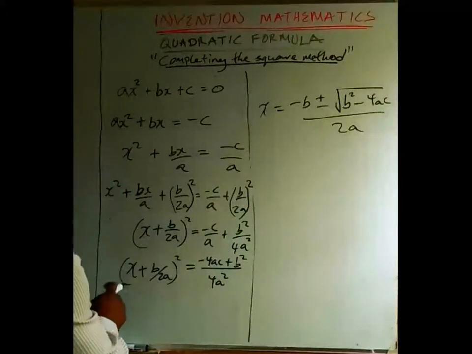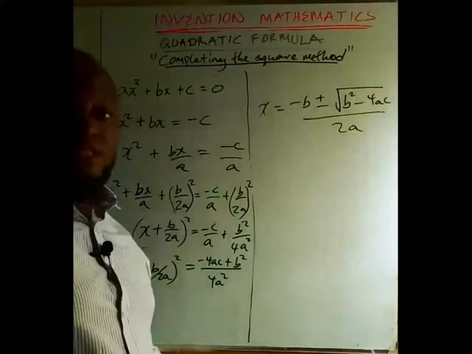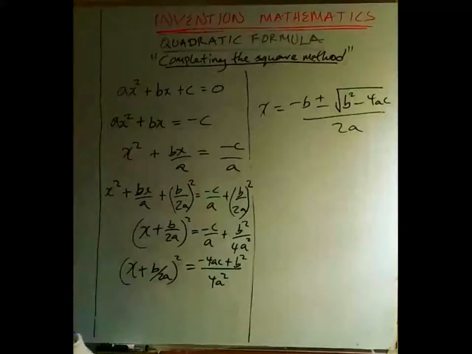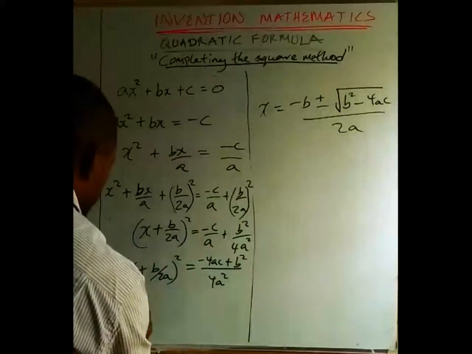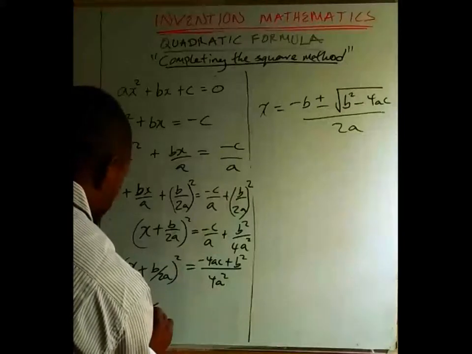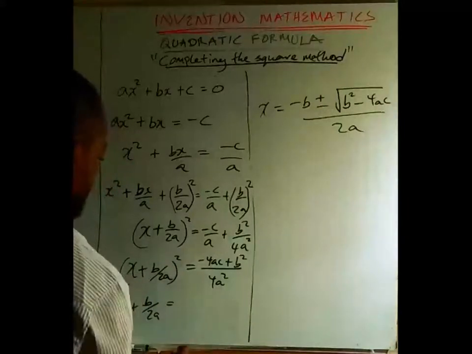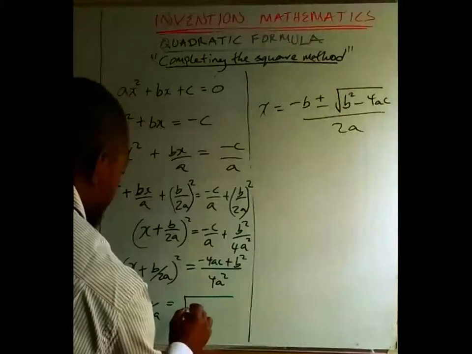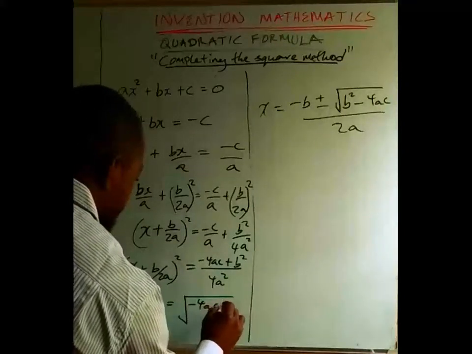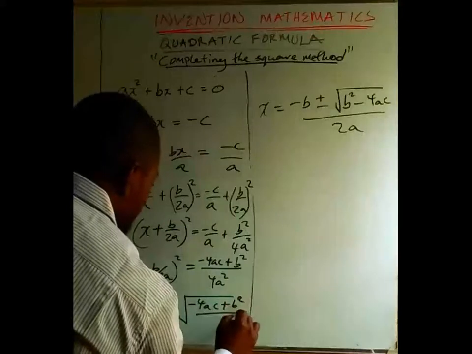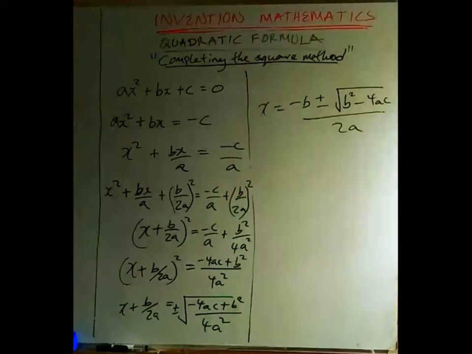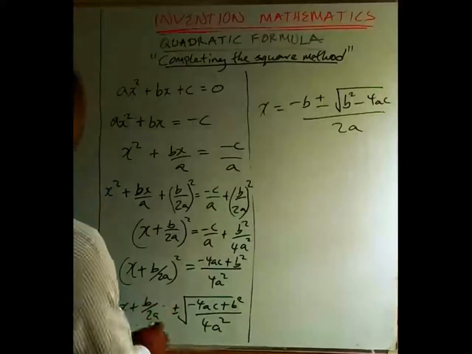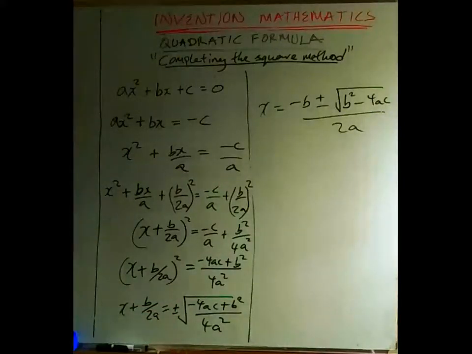We are solving for x. It's like changing the subject of the formula. So we get rid of the square by finding the square root of both sides. So x plus b over 2a is equal to the square root of minus 4ac plus b squared all over 4a squared, plus or minus. Plus or minus, what does that mean?